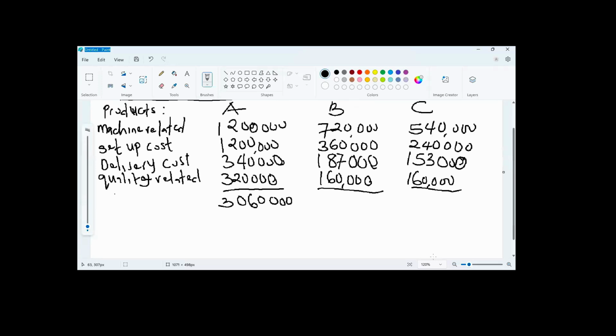Total for B. For C, 1,093,000. For B, 1,427,000.